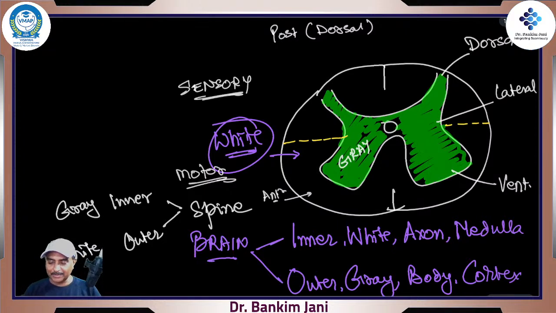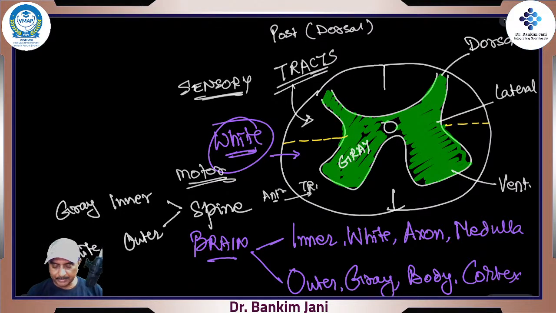Finally, this thing is formed in what way? It is the game of cell bodies and axons. These are the tracts which will be going up. So here we'll be getting all the tracts, and here also there would be tracts, all those columns. They'll be big columns going all the way from top to bottom.